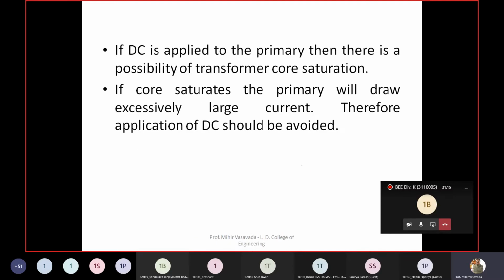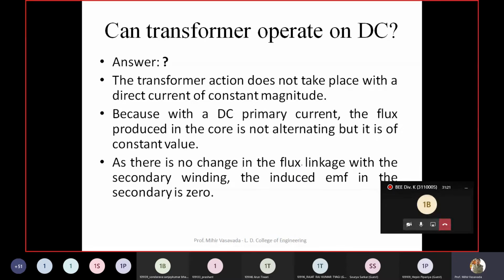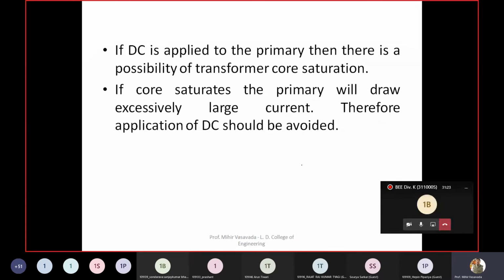So transformer cannot operate on DC. If DC is applied, then what will happen? As indicated here, there is possibility of core saturation. Also, the primary winding will draw excessive large current and it may burn. So you should not apply DC to a transformer.